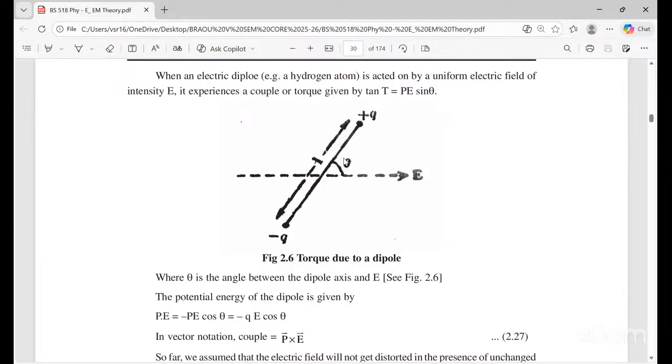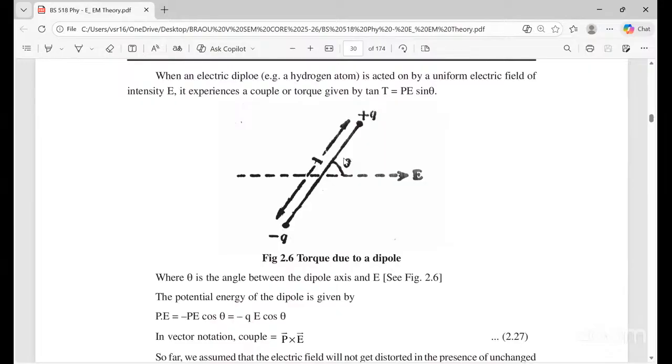Torque tau equals P cross E, the cross product of the dipole moment and the electric field, which gives you PE sin theta, where theta is the angle between the dipole and the electric field.